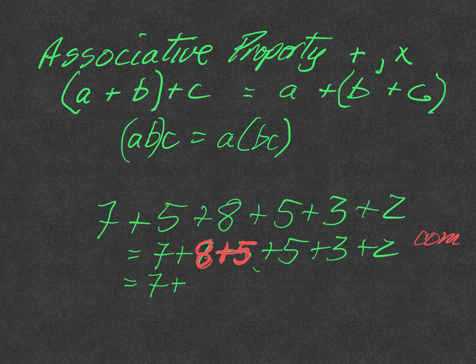There are no parentheses here. But instead of going, okay, 7 plus 8 plus 5 plus 5, I want to add 5 plus 5 first. So what I'm doing is I'm grouping the 5 plus 5. I'm regrouping, all right? Plus 3 plus 2.